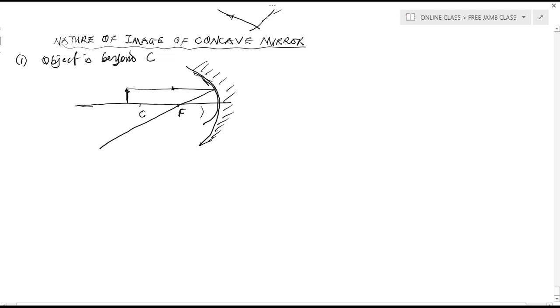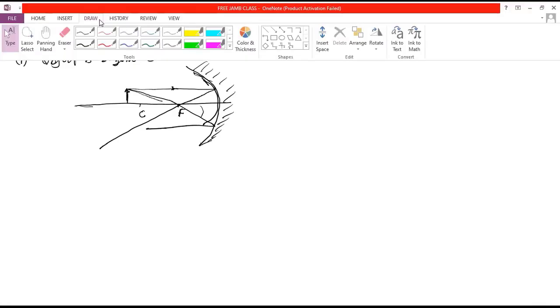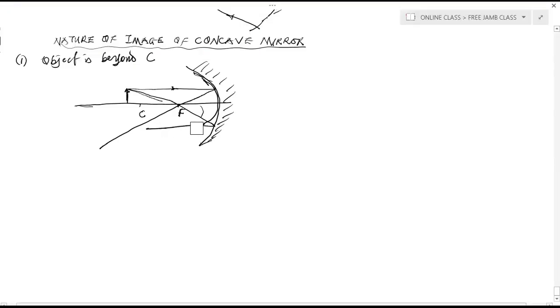So we now have another one that is drawn through the principal focus again. Then it will reflect back. Oh, the diagram is totally wrong. Sorry about that. Let me just clean that one, because something is not straight to my understanding.